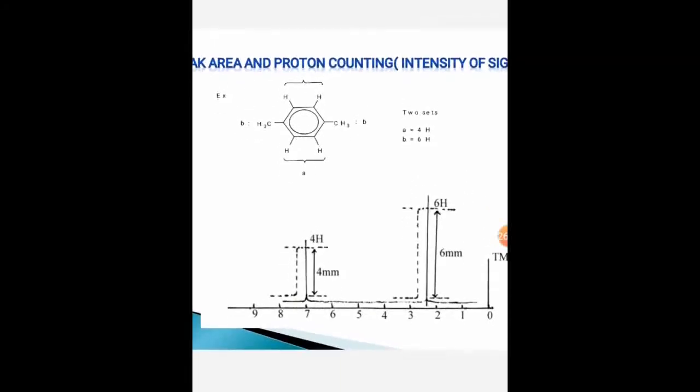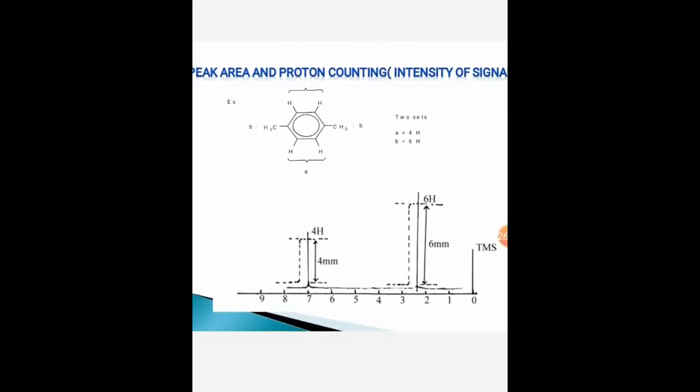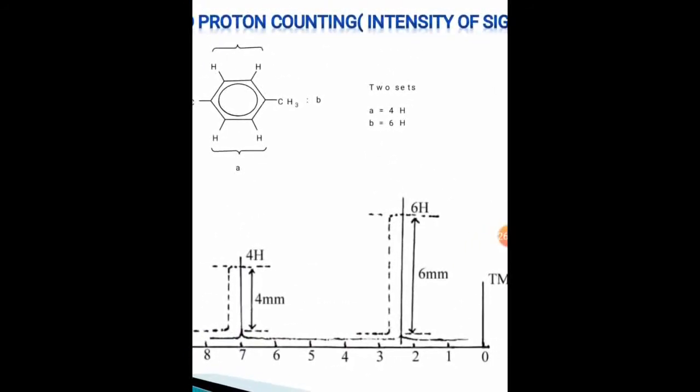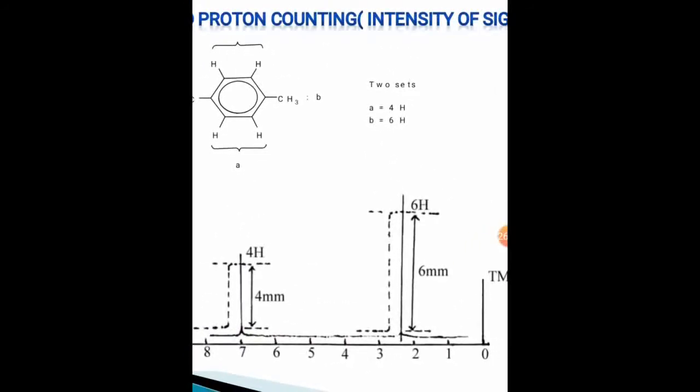Now the intensity of a signal is the height of the signal for each set of protons. From the height of the signal we get an idea about the number of protons for that particular peak. See here, the first peak's height is 6 mm, and the second peak's height is 4 mm.